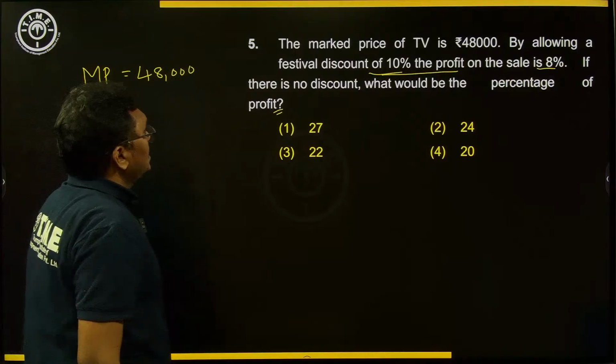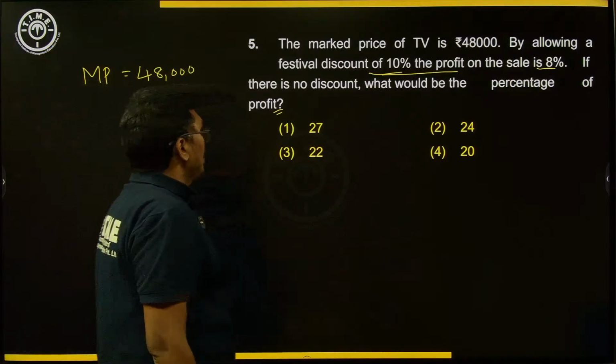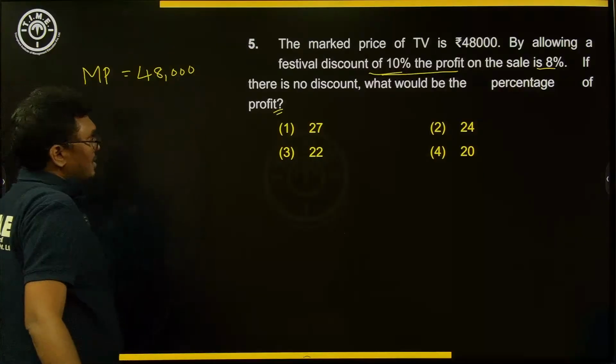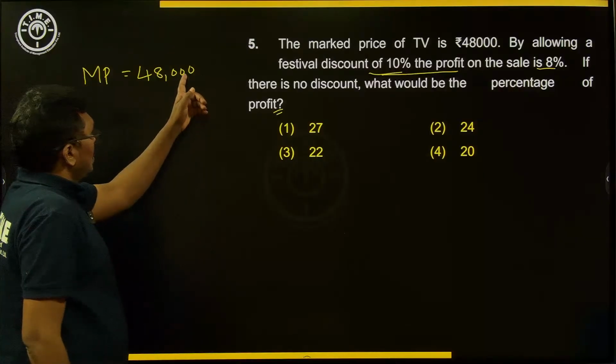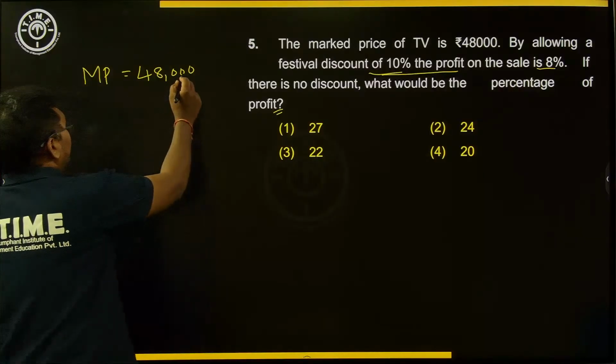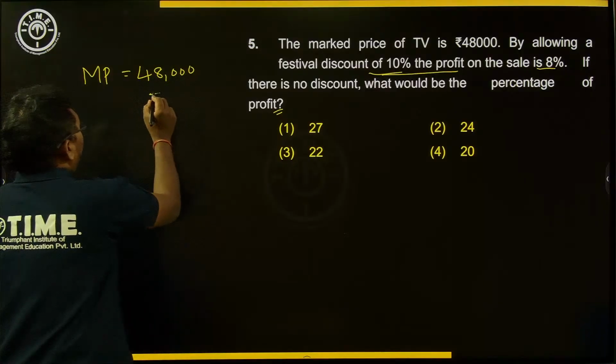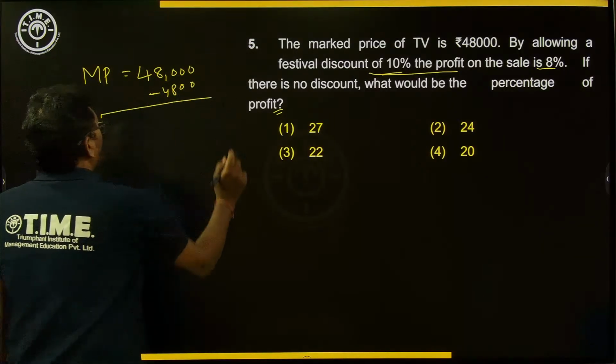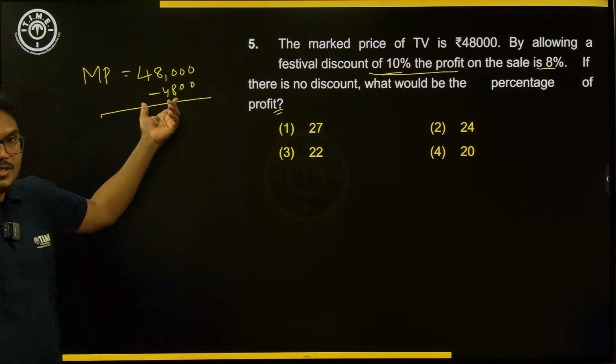So allowing a festival discount of 10%. So 10% is how much? To find the 10% value, just put a decimal after the unit digit. So that is minus 4800. So minus 4800 is the discount.